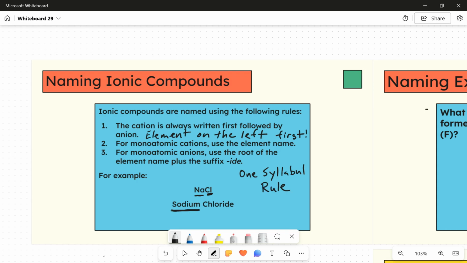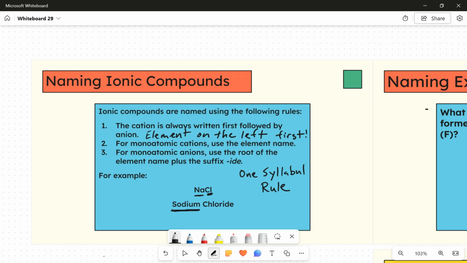So here's what I mean. When you're changing the anion to the -ide form, you generally cut it off, or switch it, after the first syllable, usually right after the first syllable. So, chlorine: you hear the emphasis for the syllables.